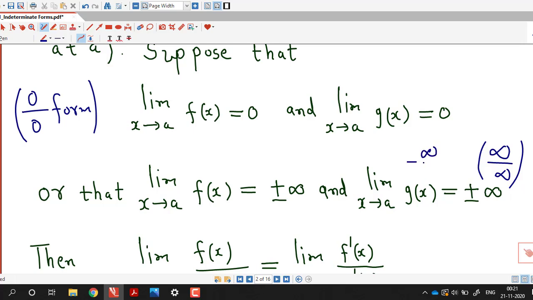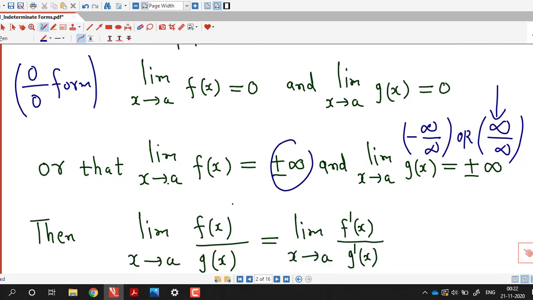If you have minus infinity by infinity, then also you can apply L'Hospital rule. Therefore I have written plus or minus infinity here. So if the limit of f(x) is plus or minus infinity as x approaches a, and the limit of g(x) is plus or minus infinity as x approaches a, then we have infinity by infinity indeterminate form.